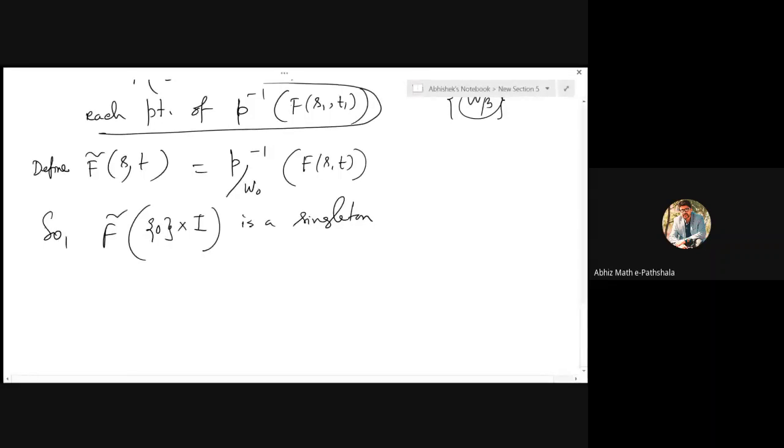And in a similar manner, you can show that the same thing will happen for the other edge, this one. So this is a singleton. That means f tilde is a path homotopy.